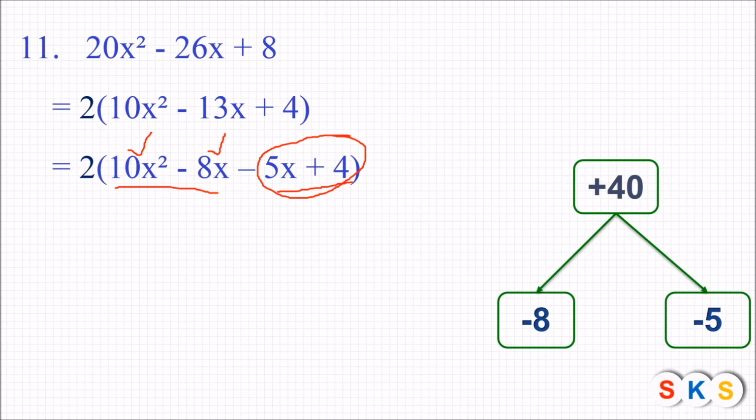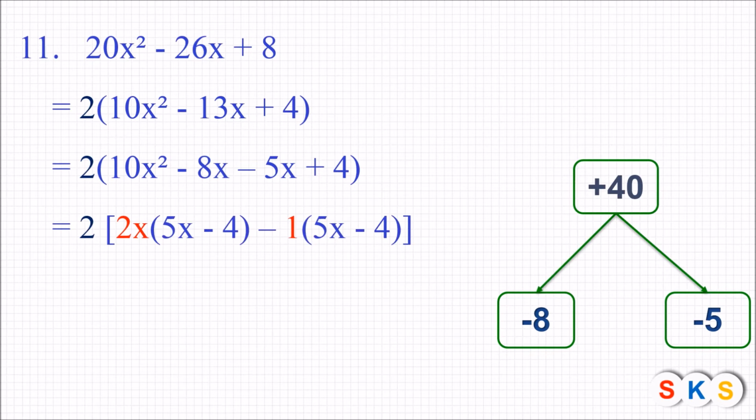So what will we get after taking the common in the first group and the common in the second group? We will get here 2x in a bracket 5x minus 4, minus 1 in a bracket 5x minus 4. Okay, now what is common here? The common in this group is 5x minus 4, that we will write in the first bracket. In the second bracket we will write 2x minus 1.